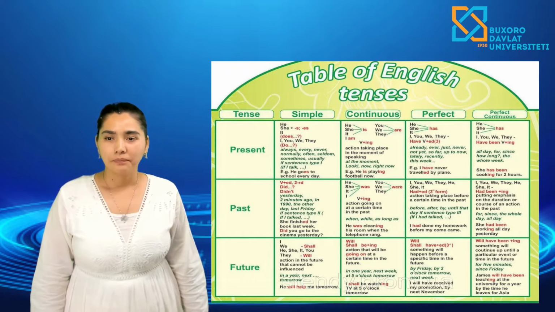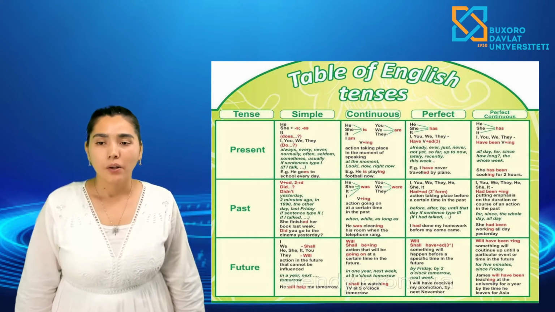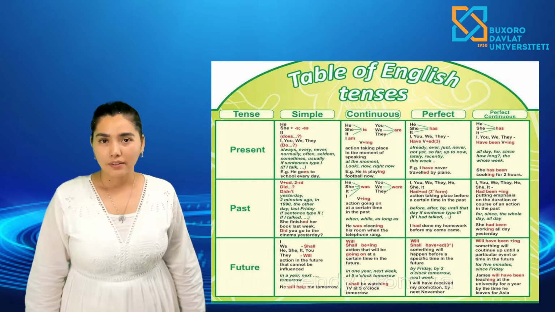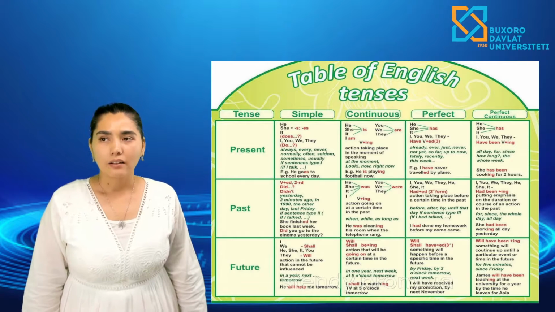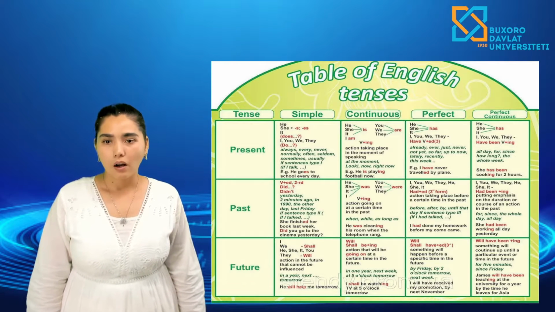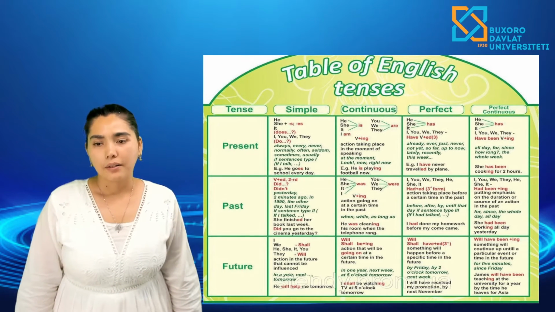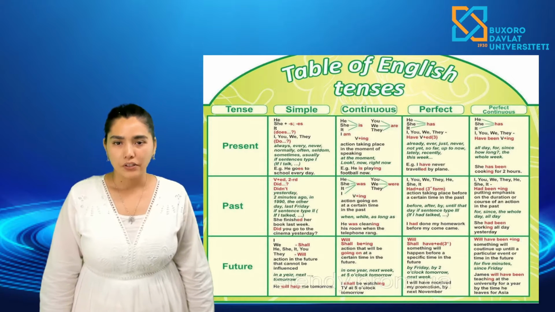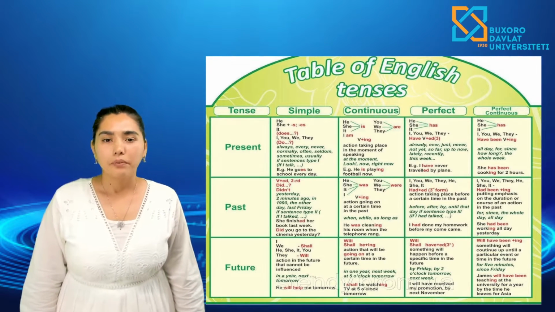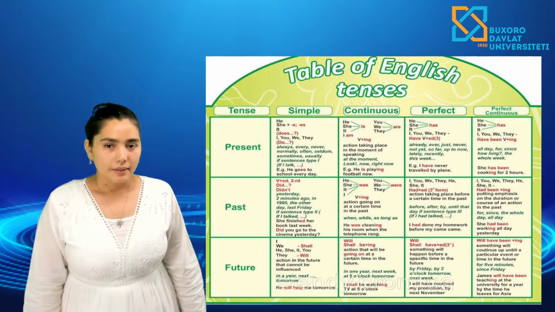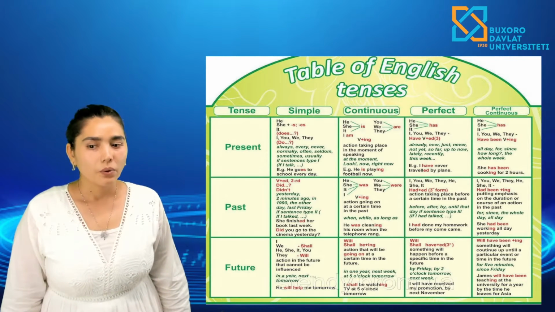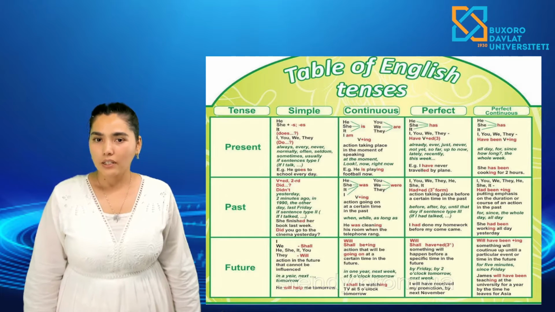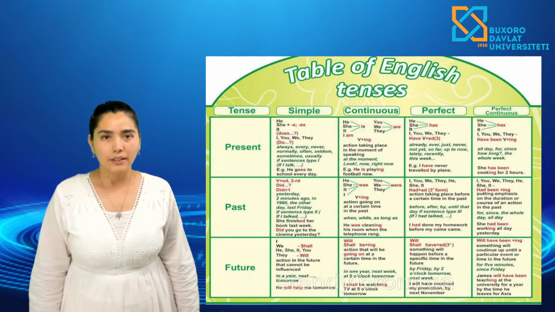So here, as we see, we have three main parts of the English tenses: present, past, and future, and they divide into subgroups of tenses like present simple, present continuous, present perfect, present perfect continuous, or past simple, past continuous, past perfect, and past perfect continuous, or future simple, future continuous, future perfect, and future perfect continuous.